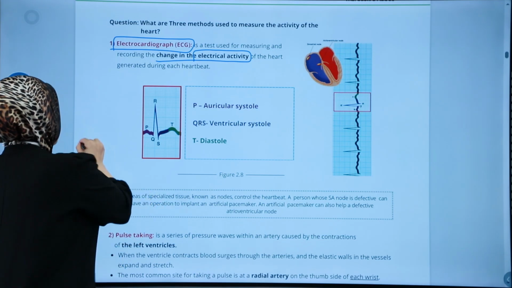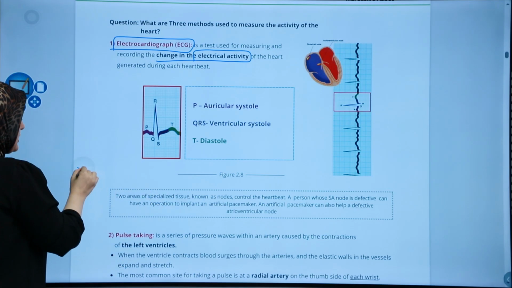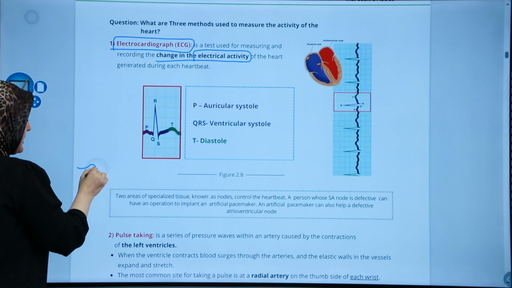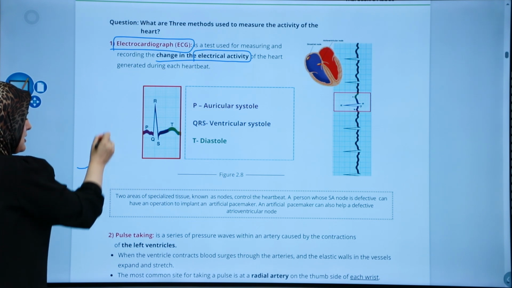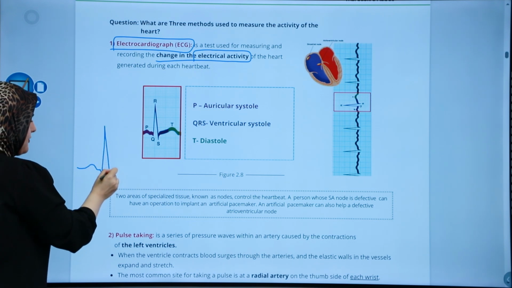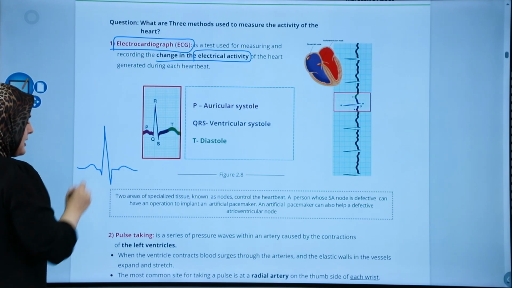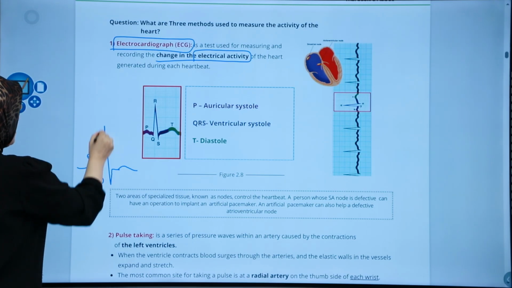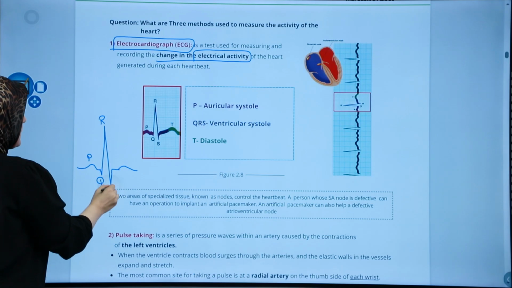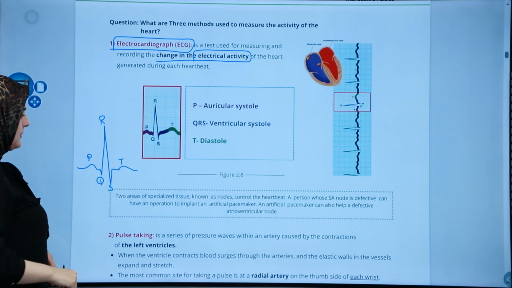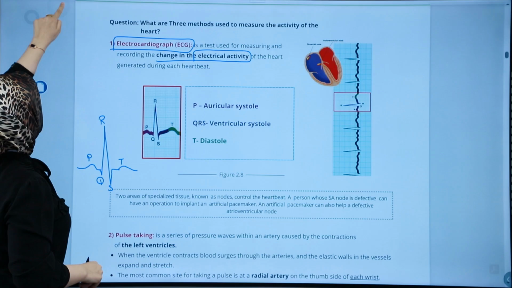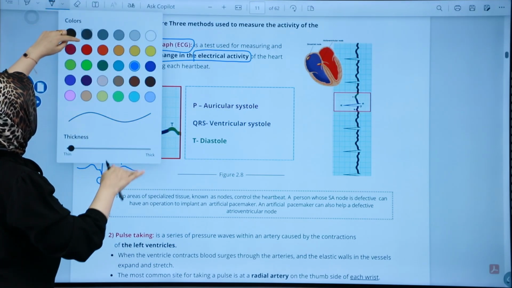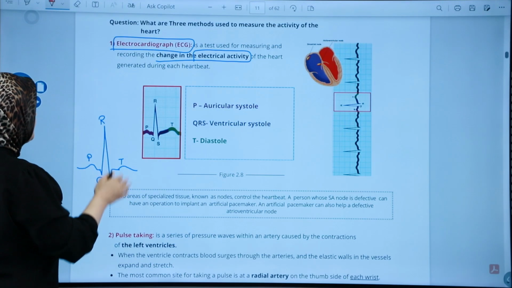Now, what you're going to see is this. I'm going to redo this one. One bump, then a very short straight line, then it goes down, up, down, further down, and then another bump. This is called P. This is called Q, R, S, and T. They are divided based on the cardiac cycle stages that we studied on the previous page.